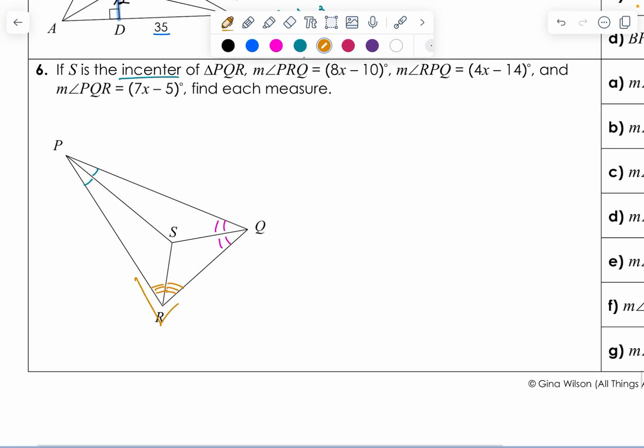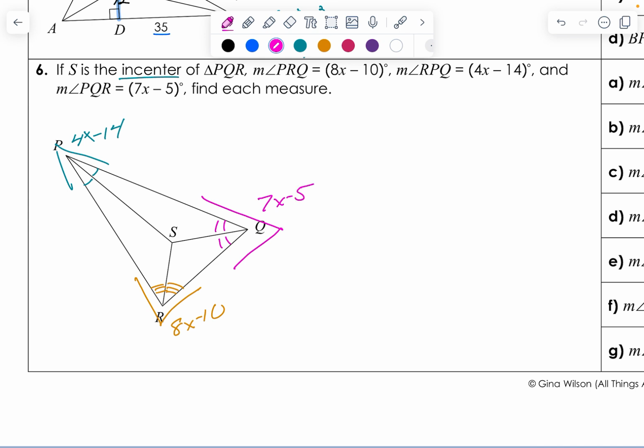PRQ, the whole angle here is 8x minus 10. And this one, RPQ, this whole one is 4x minus 14. And this whole one, PQR is 7x minus 5.